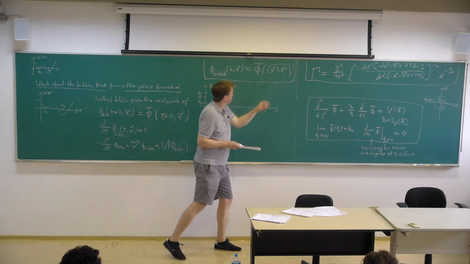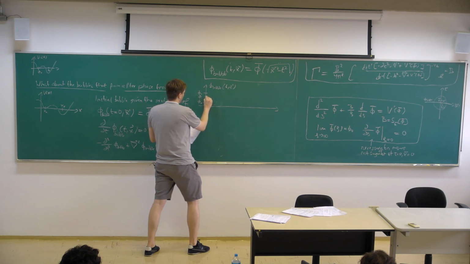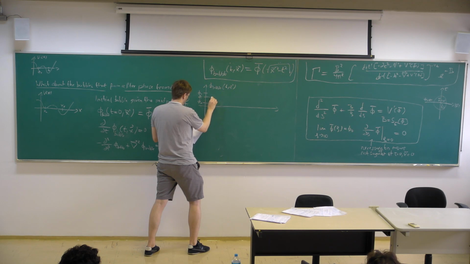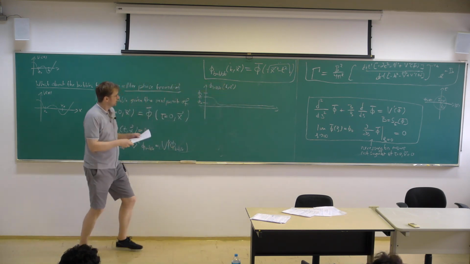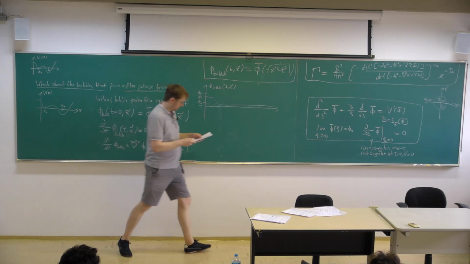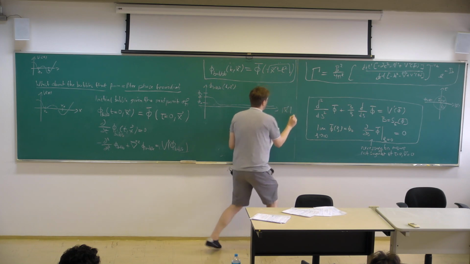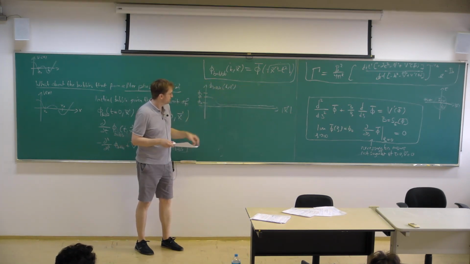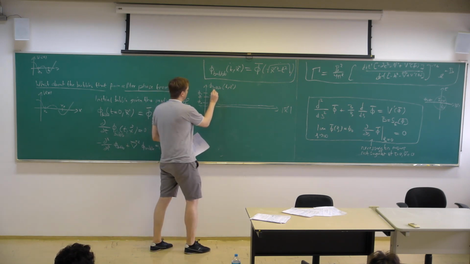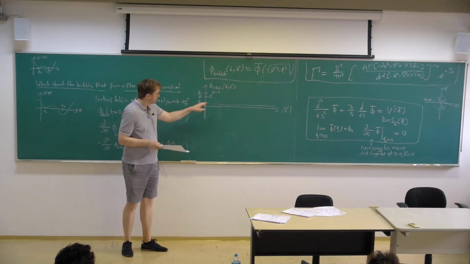So let's first draw it for time t equals 0. We have something that looks like this. What is on the x-axis? I'm now drawing slices at different times, so this is at time equals 0. That's how the profile evolves. Exactly. So this is the initial profile.